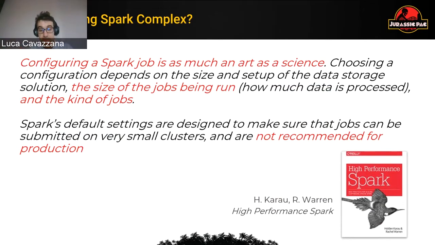Then we also have to take into account changes in the code. So we might find ourselves in a situation where the previous configuration of the environment may not be up to the task anymore, and we need to repeat the tuning process several times.